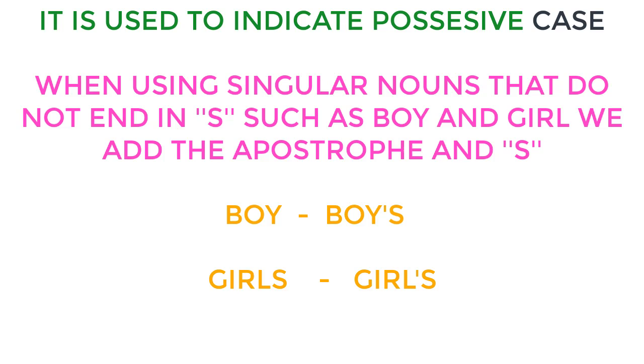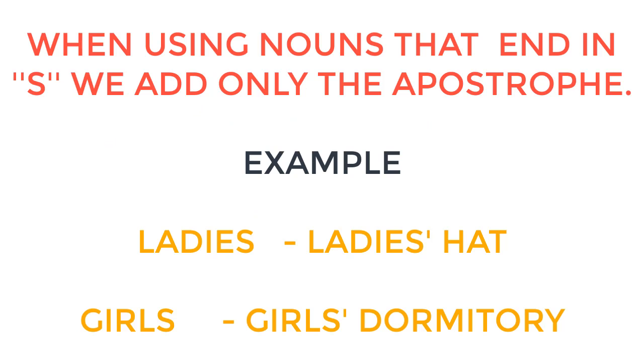When using singular nouns that do not end in s, such as boy or girl, we add apostrophe and s as follows. Boy becomes boy's. Girl becomes girl's. With plural nouns that end in s, we add only an apostrophe.